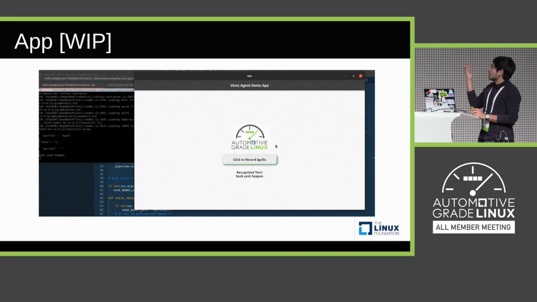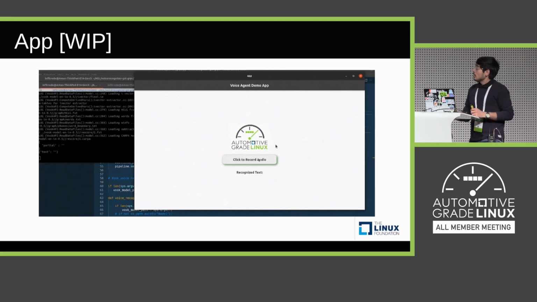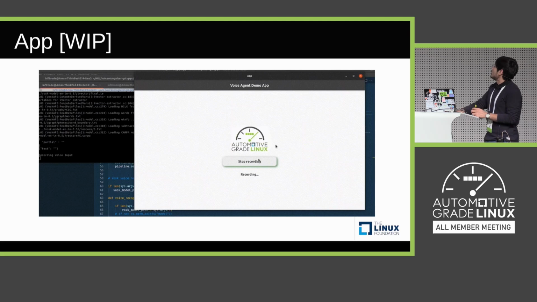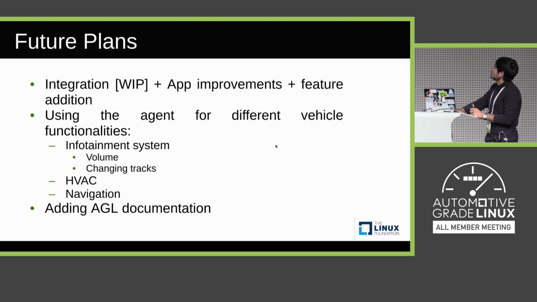Yeah, and it displays some output, so it's not very accurate, probably because the audio quality is not very good, or maybe because of my accent or something. But it displays some output in the app, and we have to integrate this, and we are doing that right now. So it's included in the future plans.